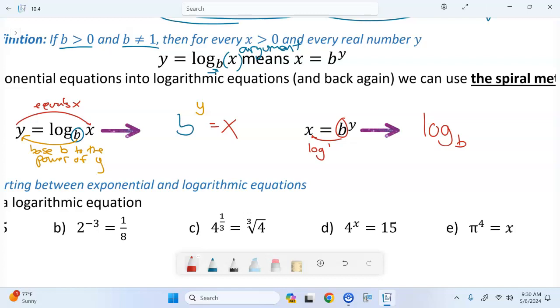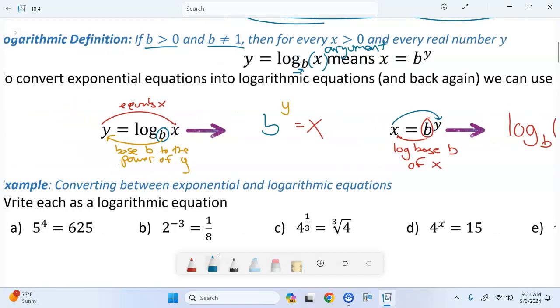So log base b of x. That is our argument now. If you want to put it in parentheses, you can make it a little bit cleaner. Log base b of x, and then we come back around equals y. Log base b of x equals y. b to the y equals x. And so we can convert back and forth between those.